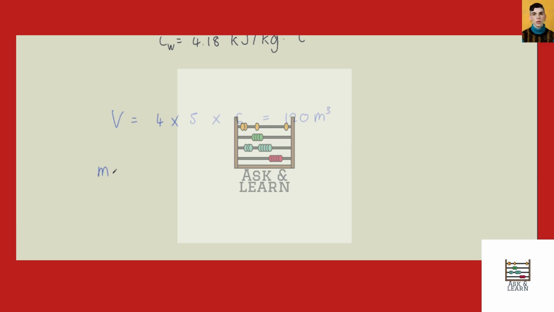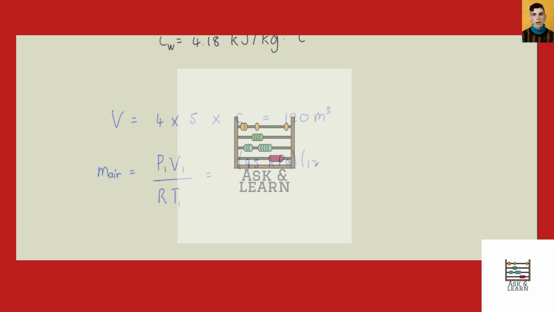The mass of air occupying the room, we use the ideal gas relation P1 V1 over R T1. And again, we can calculate this since we have these values. So the pressure is 95 kilopascals.